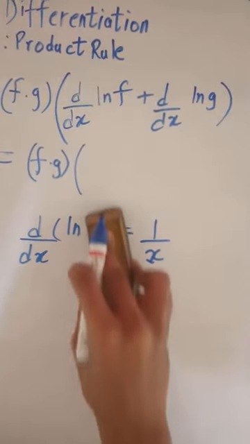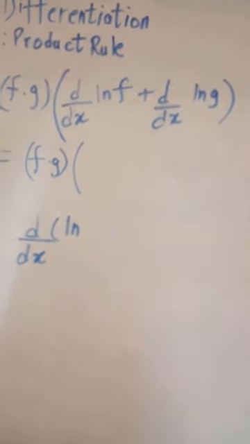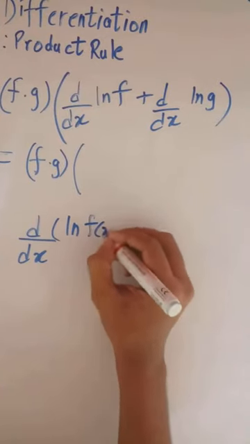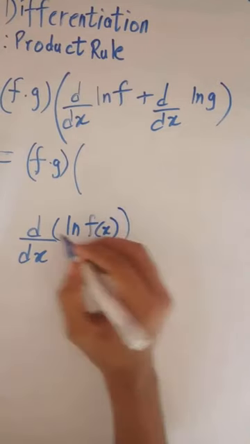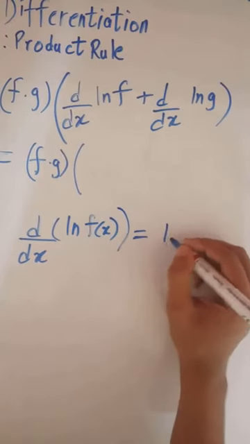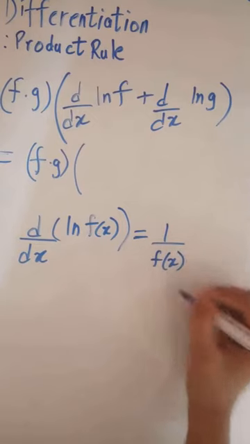So we'll incorporate the chain rule. Since we have f of x, which is a function of x, we first write down the derivative of the natural log, which is just 1 upon f of x.